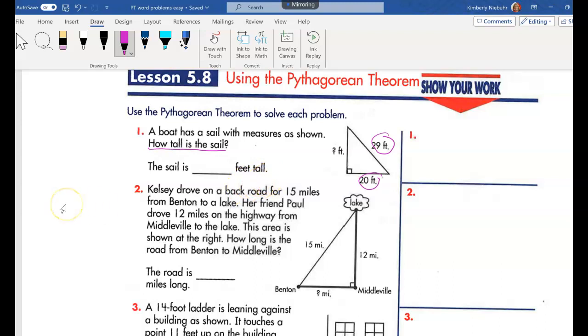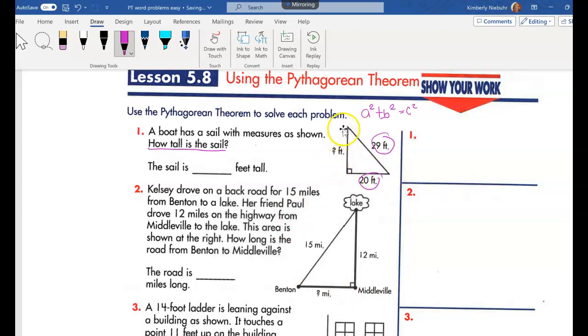Okay? Remember that the Pythagorean theorem is a squared plus b squared equals c squared. Remember that the longest side is c, and it's called the hypotenuse. We have 2 legs.